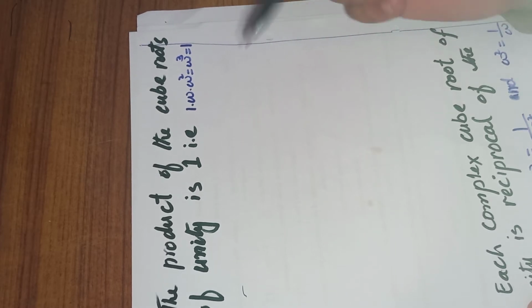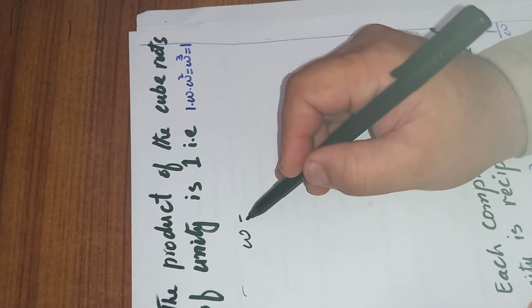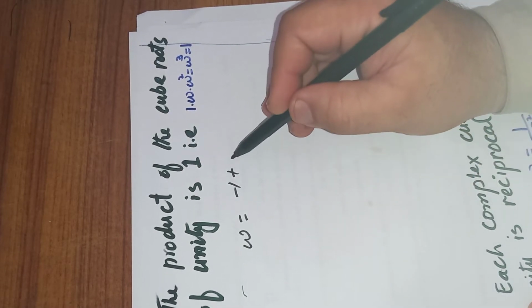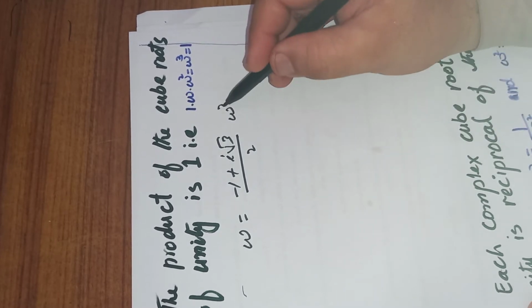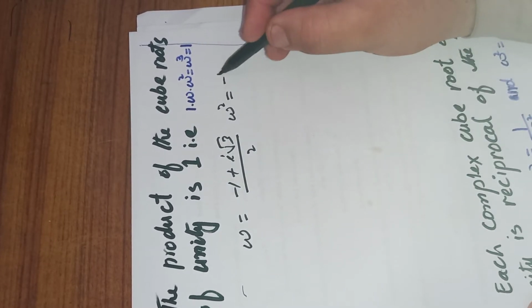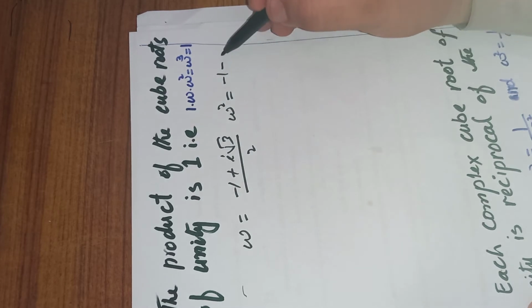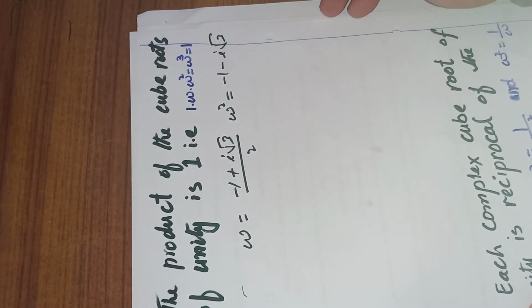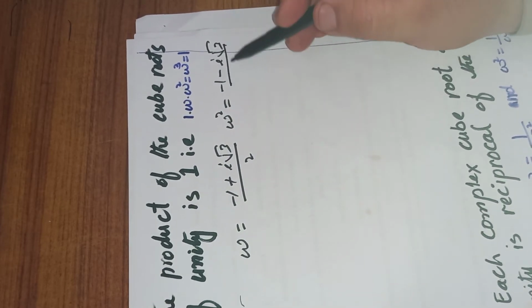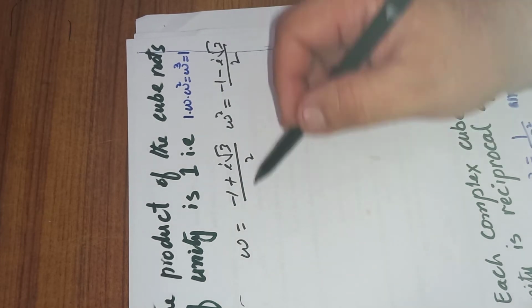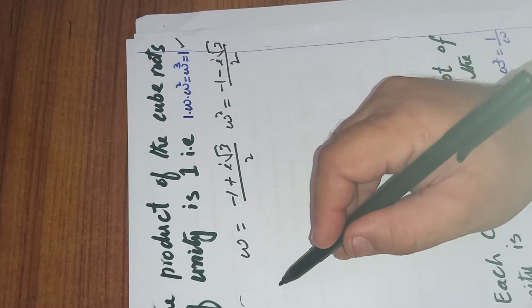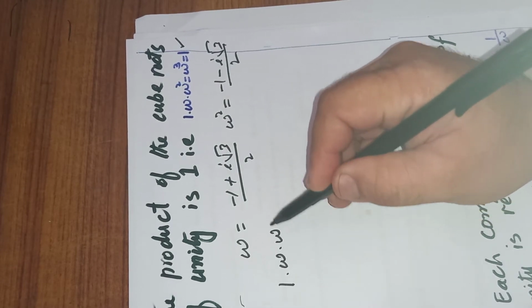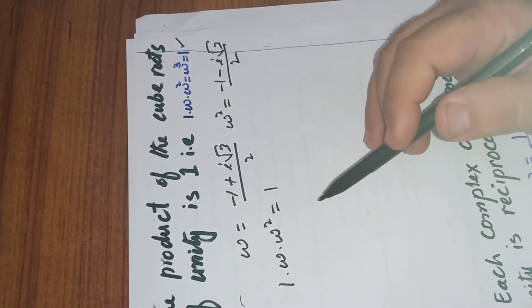Already we said that omega is (-1 + i√3)/2, and omega square is (-1 - i√3)/2, the difference being the minus sign. Now we will insert those values into this given equation. So 1 into omega into omega square should be equal to 1.